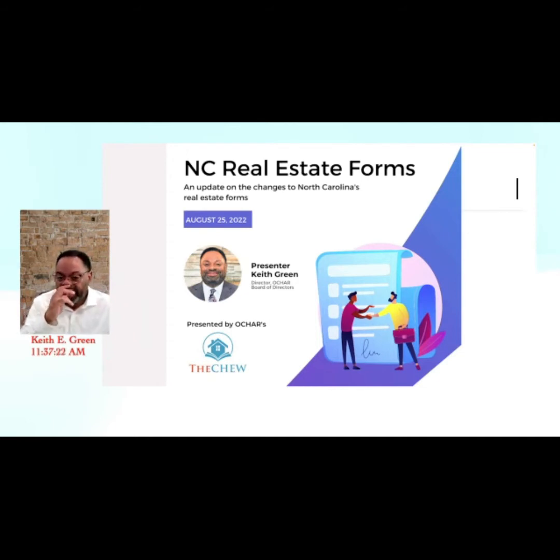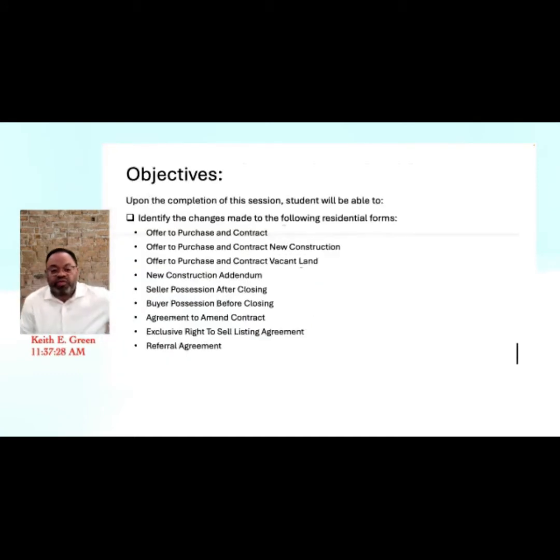The way the class is going to go today, we're going to go through some of the forms, not all of the forms, regarding the residential aspect. There were other changes made to other aspects of real estate.